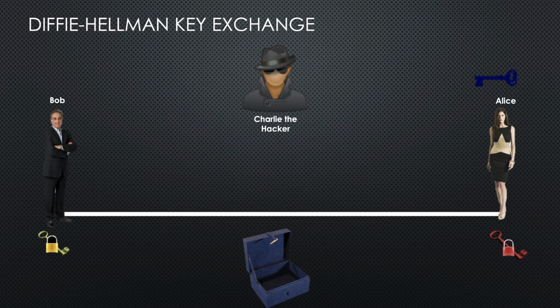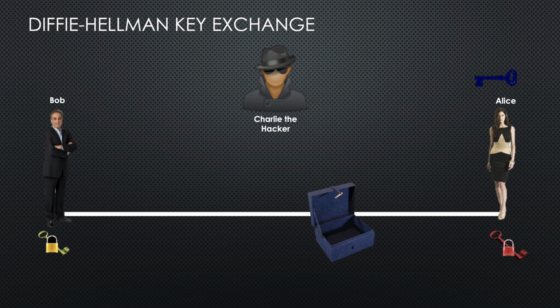Okay, so this is the Diffie-Hellman key exchange as an example. So we have Bob and Alice, and in the middle we've got Charlie the hacker. And Charlie the hacker's trying to steal the secrets. So, of course, Alice says, I want to send a message to Bob.